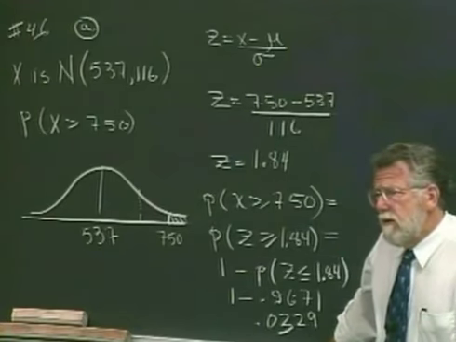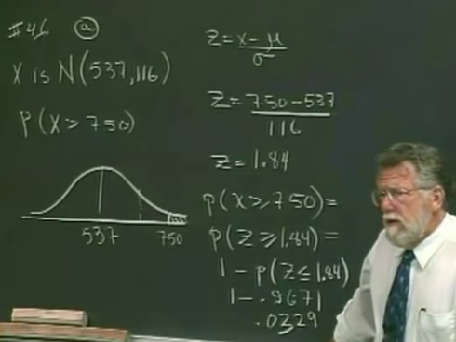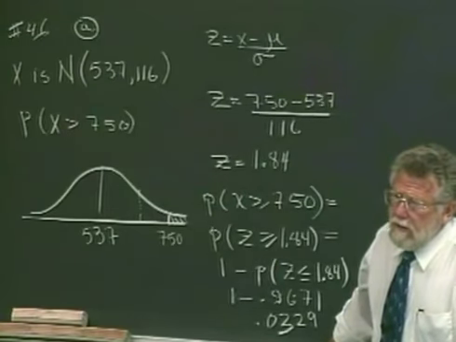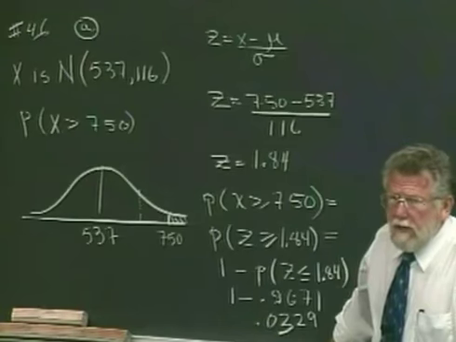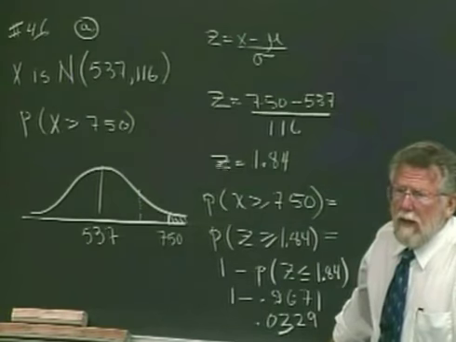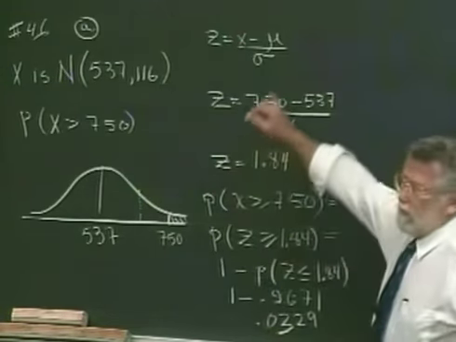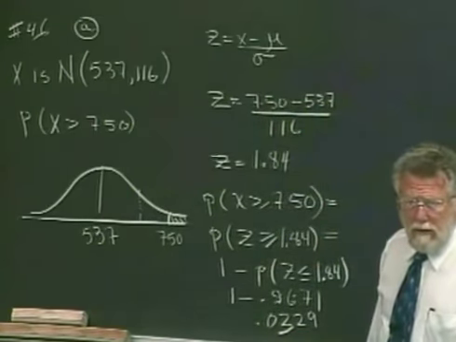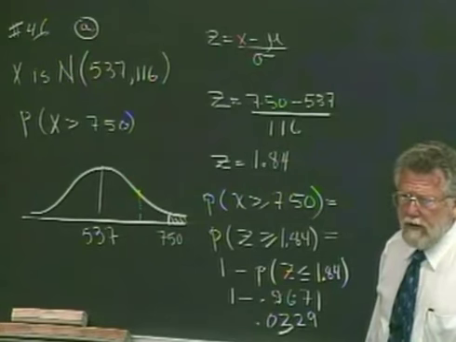Is there any question? Whenever you use table A, or you write Z, I want to see a curve. I also want to see the formula for Z, and then I want an appropriate statement with probabilities.